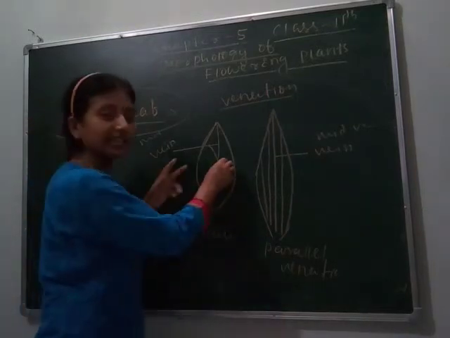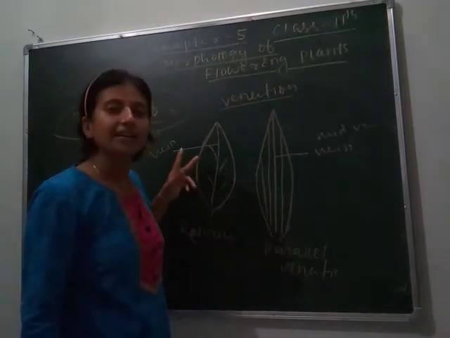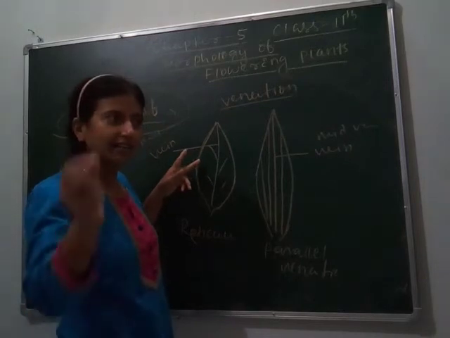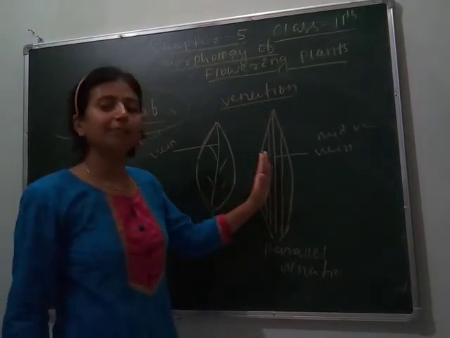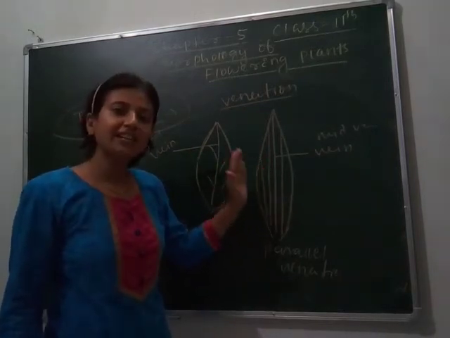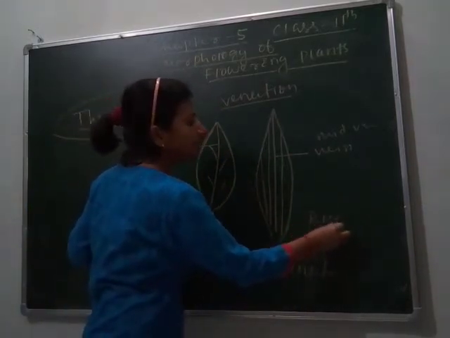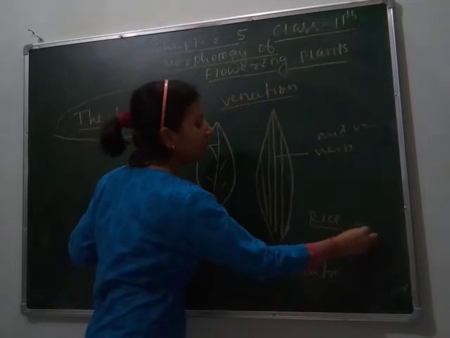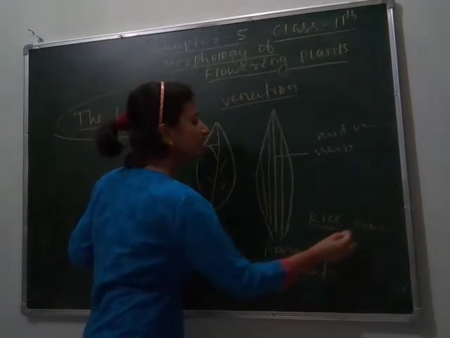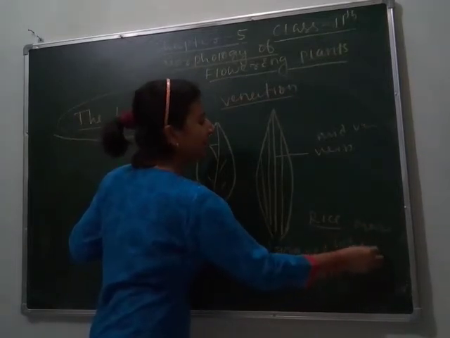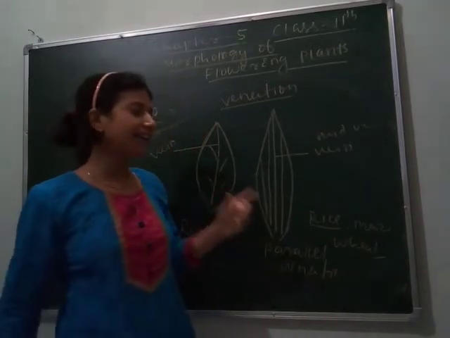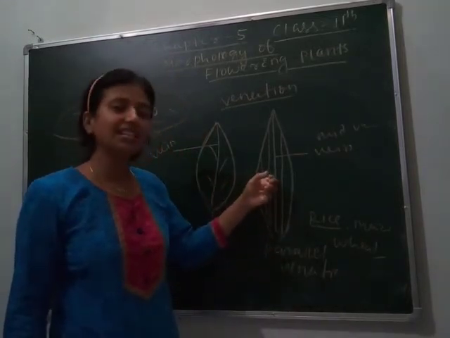This type of leaf you can see in dicot plants like pulses, and this type of leaf you can see in the grass family, like rice. If you see the leaf of rice or maize, it is simple to watch. Take a wheat leaf in your locality and compare how the veins are arranged.